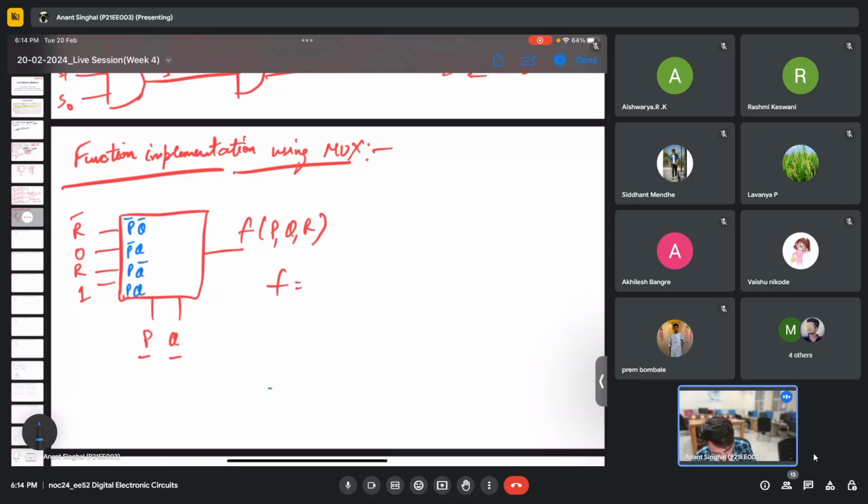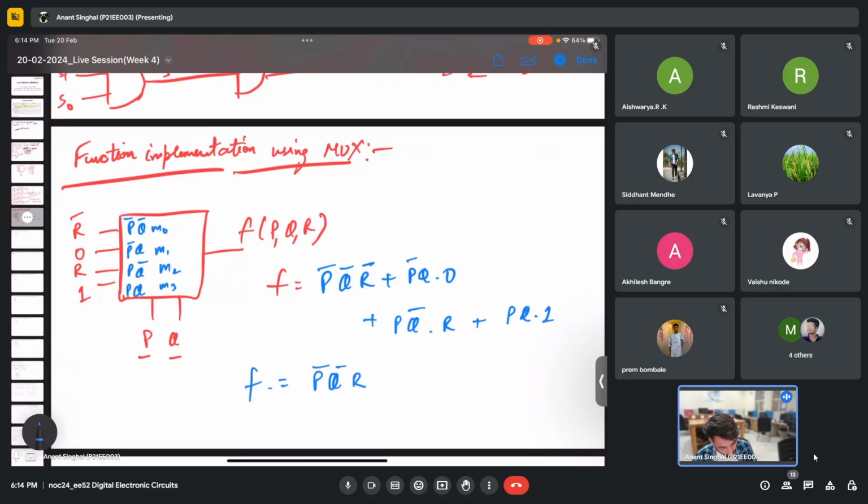So this was m0, m1, m2, m3 in the previous circuit, so we can write them directly. p bar q bar is multiplied by r, then p bar q is multiplied by 0, then p q bar is multiplied by r, and finally pq is multiplied by 1. So for this particular circuit, the final F will be something like this. So this is how a multiplexer works on the basis of select lines.